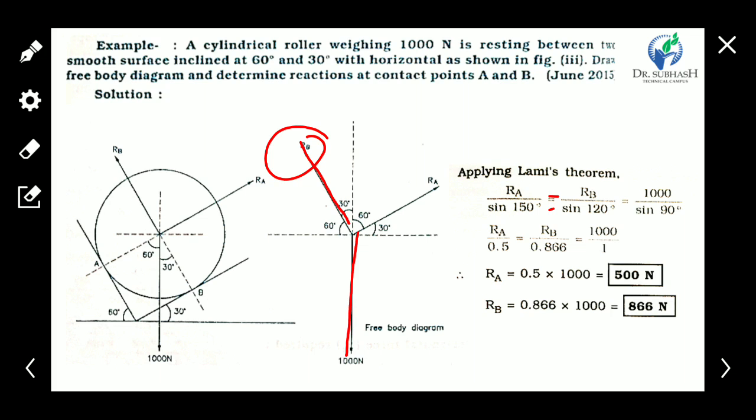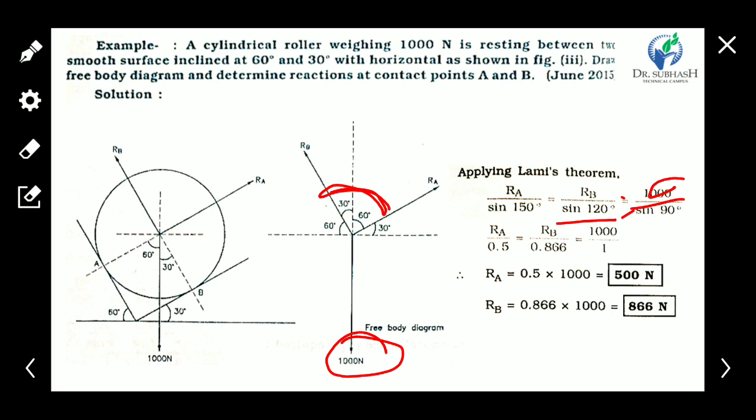The angle between the opposite two forces is 90 plus 30 degrees, so sin 120 degrees, equal to the third force, 1000, upon the sine of the angle between the other two forces, 30 plus 60, 90 degrees. Now compare any two ratios, because the ratios are equal.